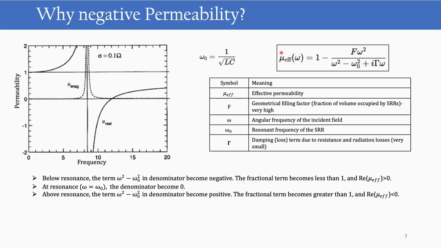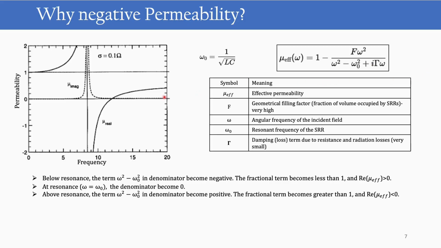Here, this one is the effective permeability, and F is the geometric filling factor. That means how much portion of the unit cell is occupied by the SRR structure. So this will be very high as the SRR will be occupying most of the area in the unit cell. And omega is the angular frequency, omega 0 is the resonance frequency, and gamma is the damping loss due to the resistance and radiation loss. As the SRR structure is a magnetic structure, this loss will be very less.